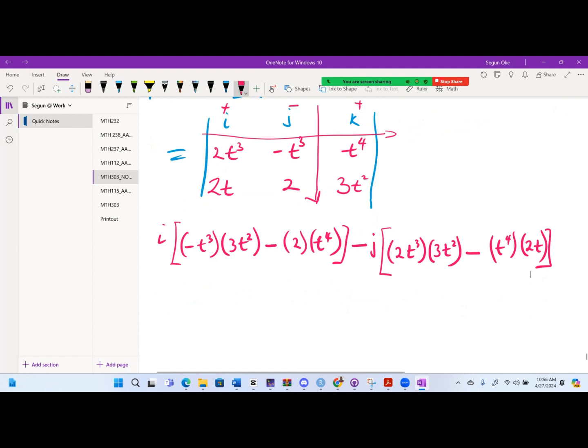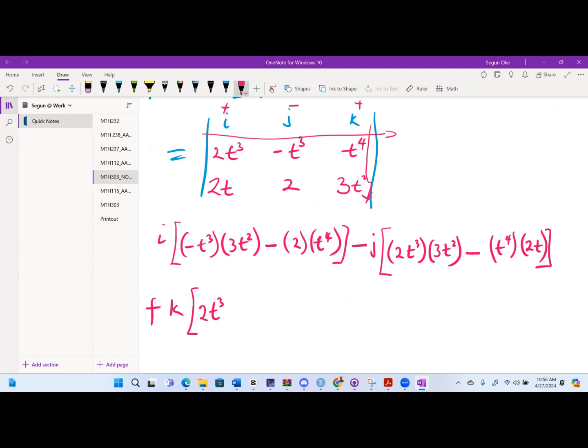So let's do the one of k. Plus k. We deal with this one with paralyze also. So we have it to be 2t cubed multiplied by 2, minus t cubed multiplied by 2t.